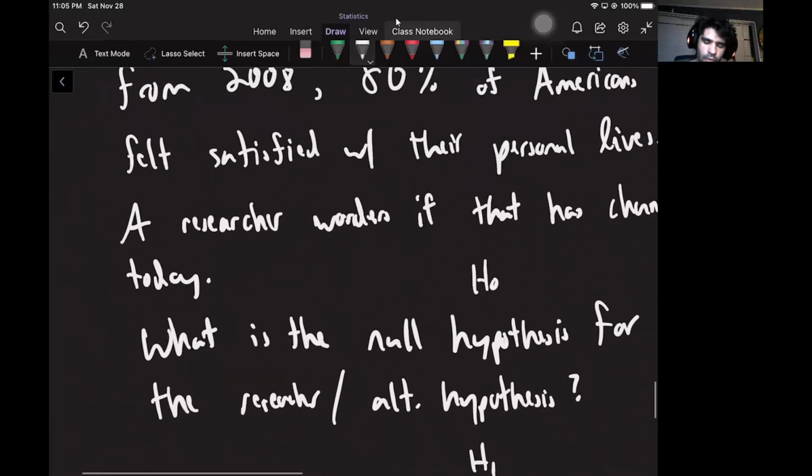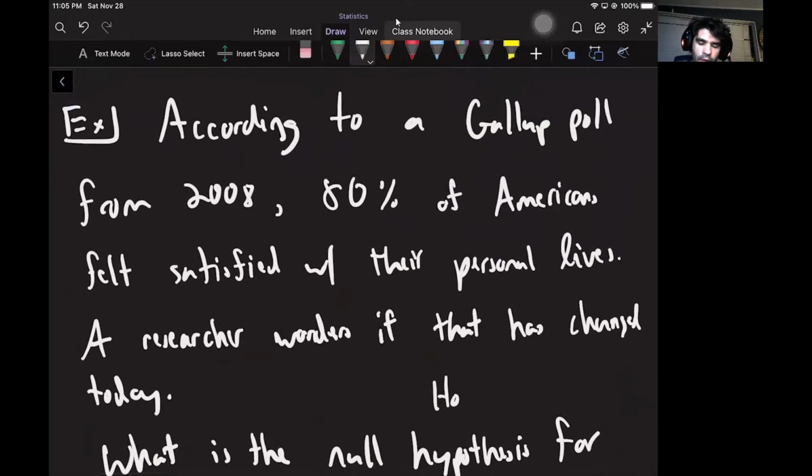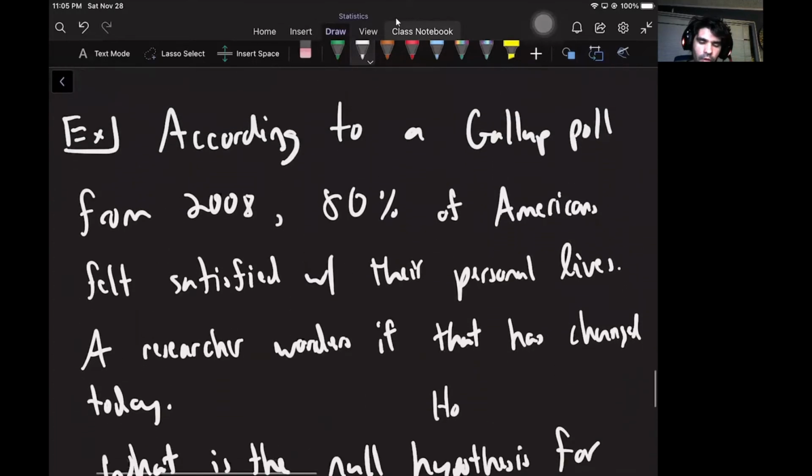Okay, so it's not so complicated as it seems above. The null hypothesis is what is sort of assumed to already be true about the world.